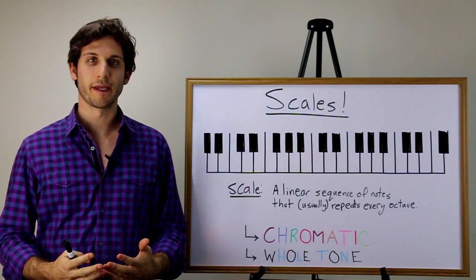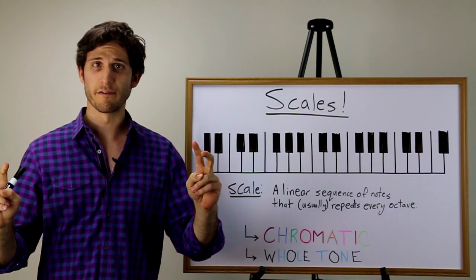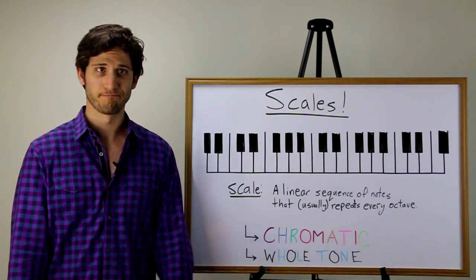It's called the chromatic scale because it has all of the colors, so to speak, of the piano, because it literally plays every single note.